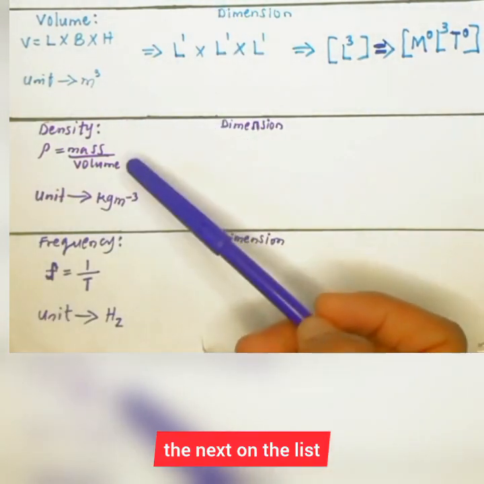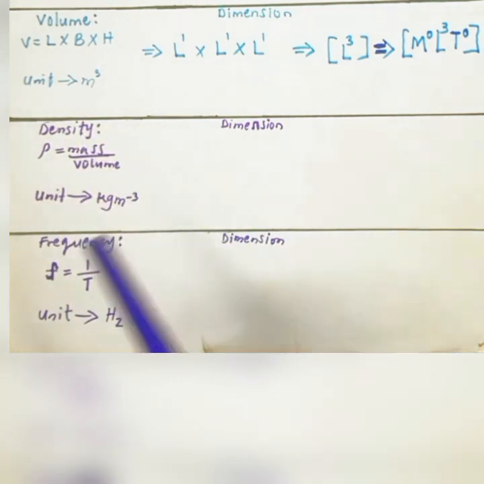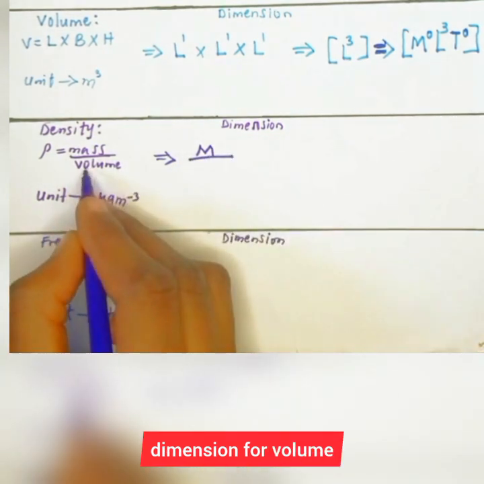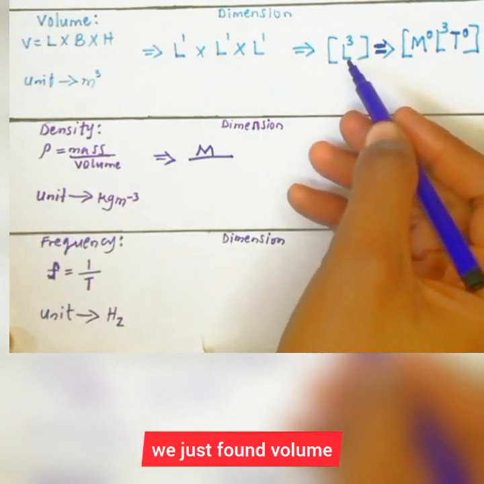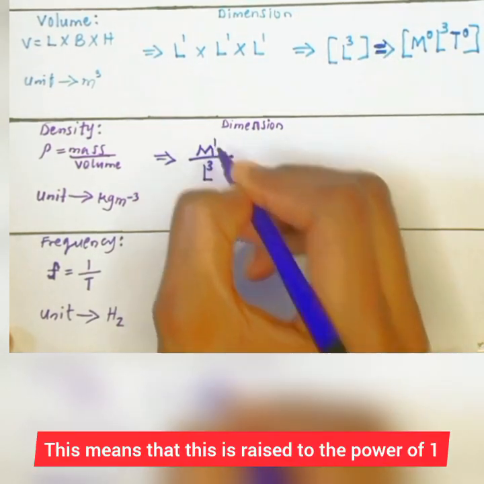Moving to the next on the list, which is density. Density is mass over volume. The dimension for mass is capital M. The dimension for volume, which we just found, is L raised to the power of 3. This means that this is raised to the power of 1.